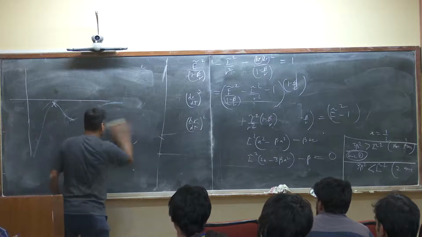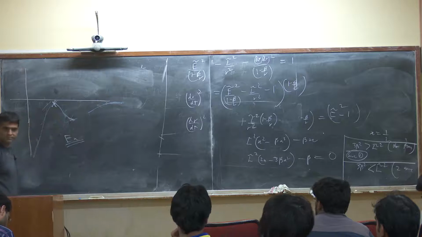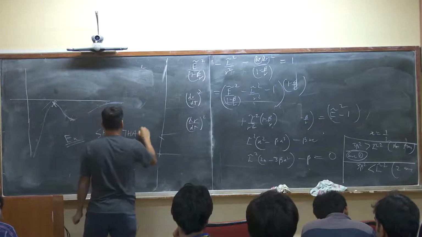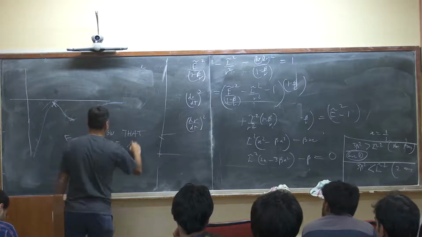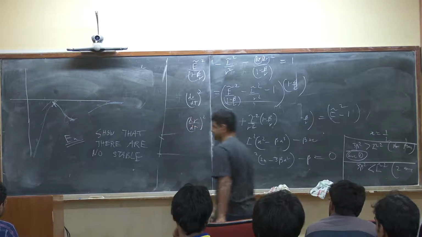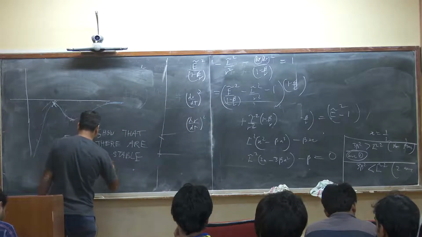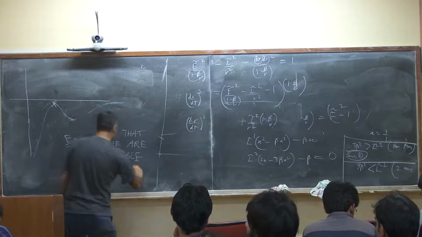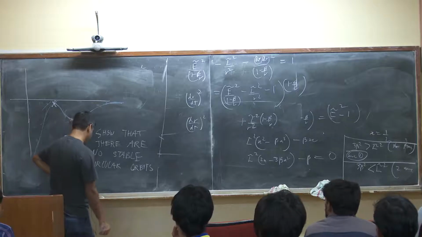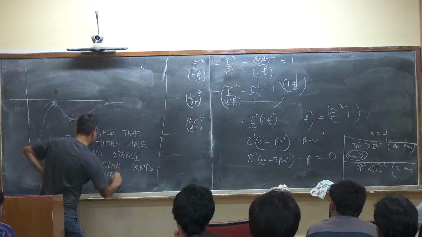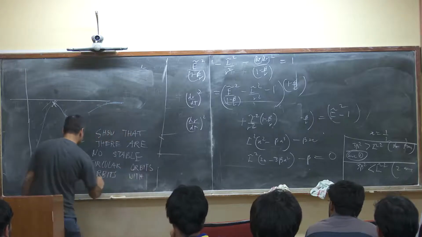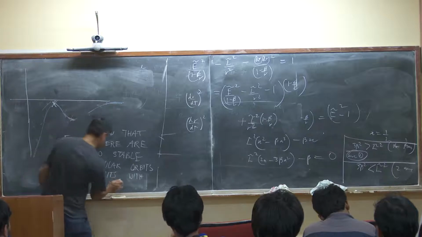The assignment is, using all of this, show that there are no stable circular orbits with (3m). So that's, I suppose, beta by 2. 3.